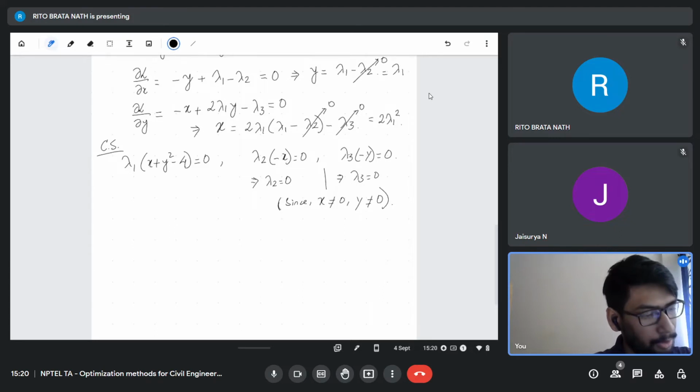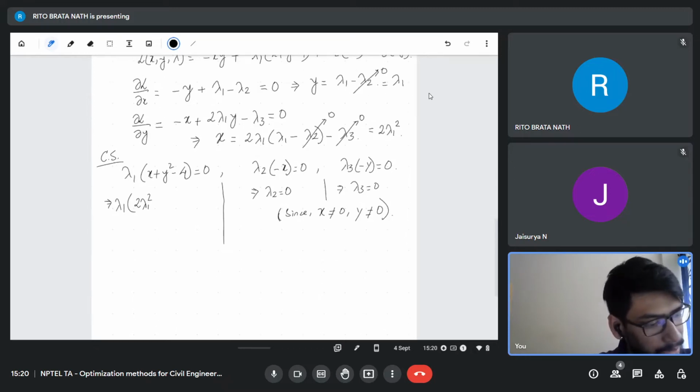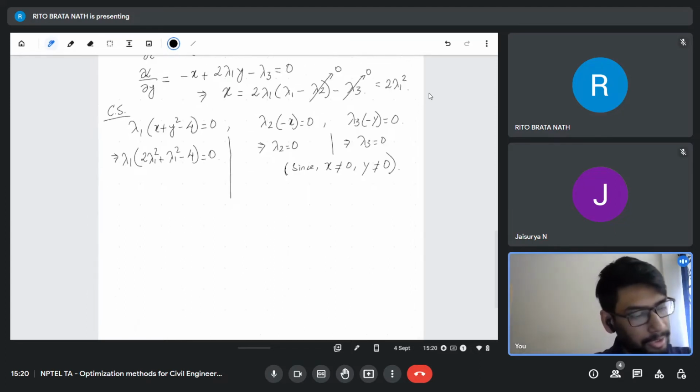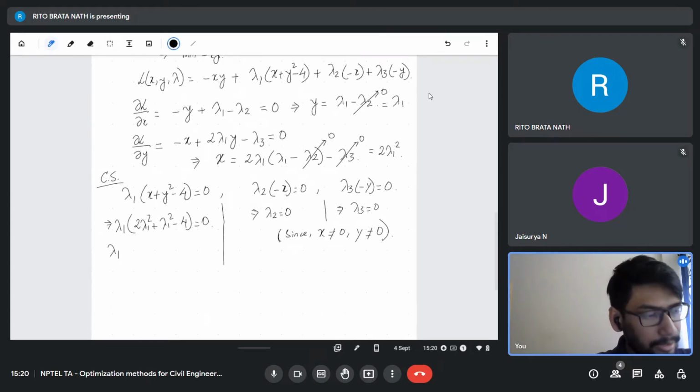So let's move forward. Now you have this equation. Here you can put the values of x and y. So this will be 2 lambda 1 square, and then y will be lambda 1 square, and this is minus 4. Now you have two conditions. One of them is lambda 1 equals 0, but that will make your y and x to be 0.